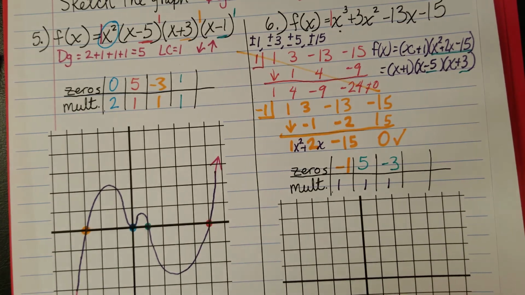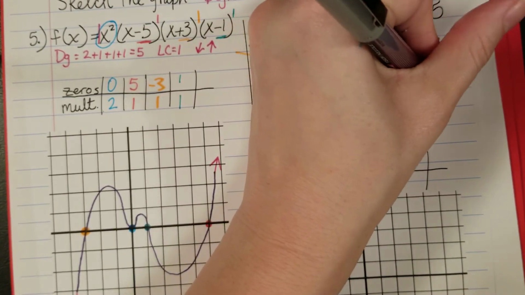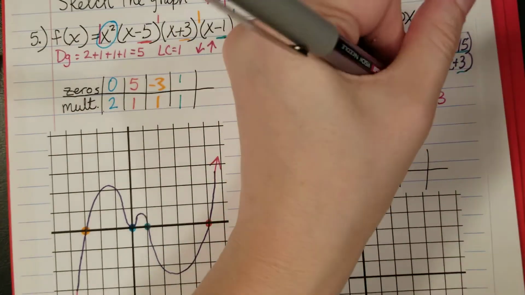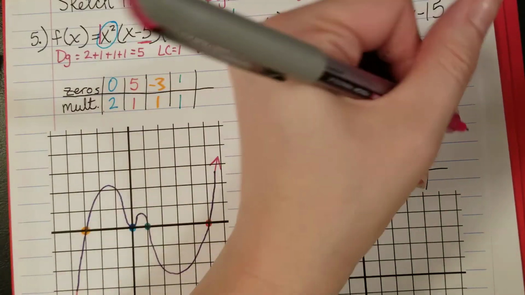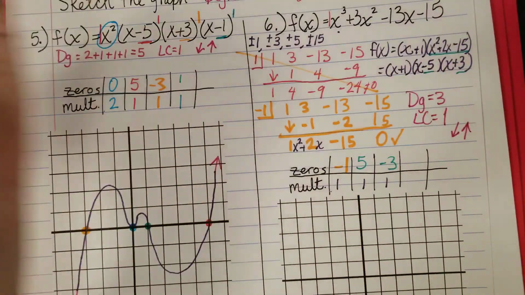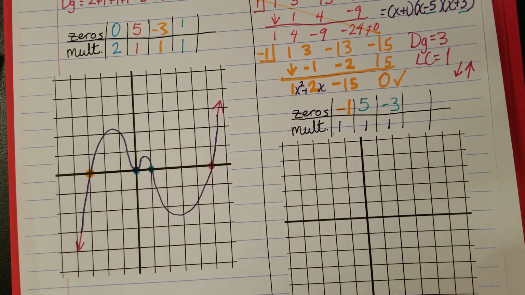All right, and we can see that our degree is equal to 3, and our leading coefficient equals +1. So that means my arrows would be like this and like that. All my multiplicities are 1, so everything's just going to go straight through.